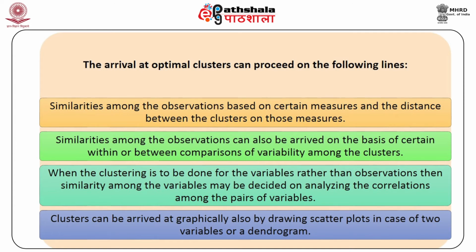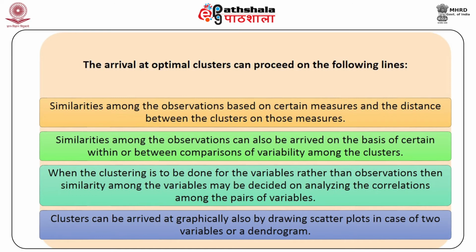Similarities among the observations can also be arrived at on the basis of certain within or between comparisons of variability among the clusters. When the clustering is to be done for the variables rather than observations, then similarity among the variables may be decided by analyzing the correlations among the pairs of variables.